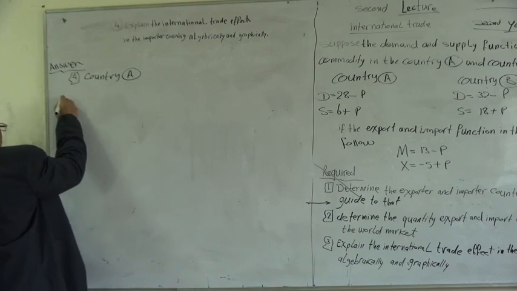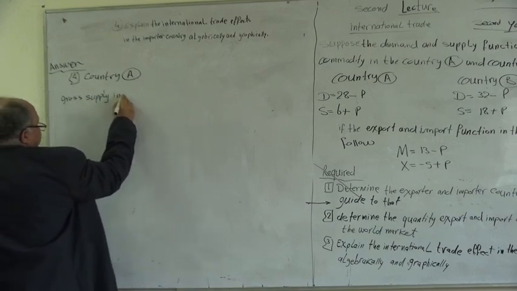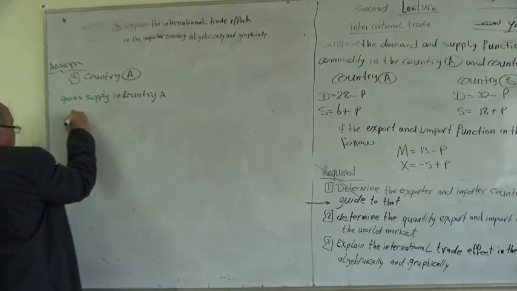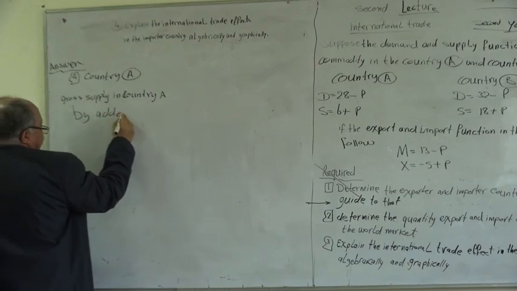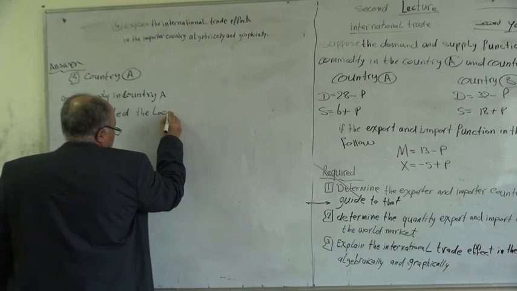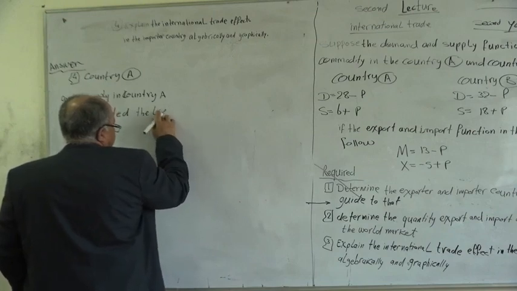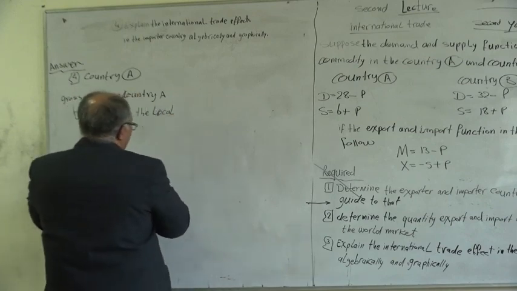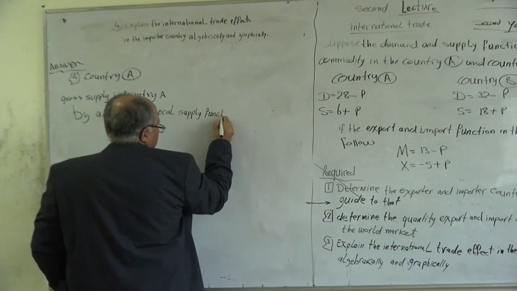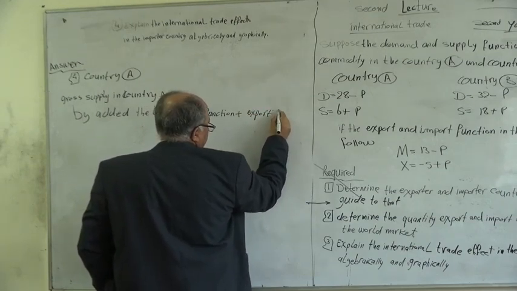Firstly, get the gross supply in country A by adding the local supply function and export function.